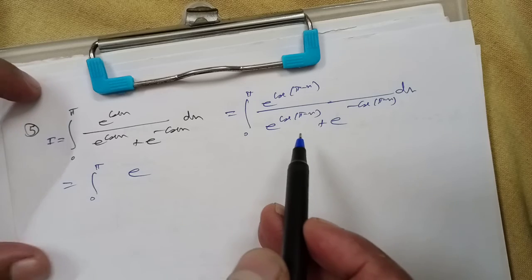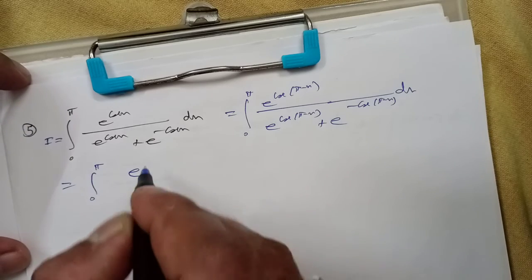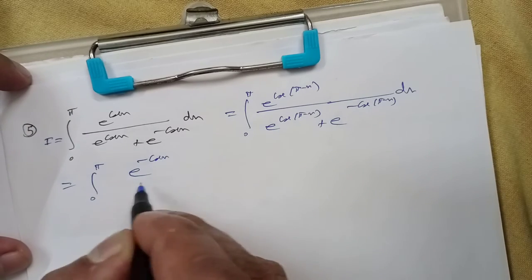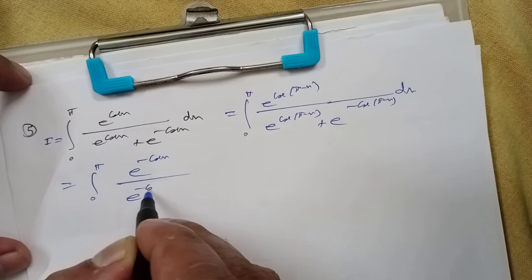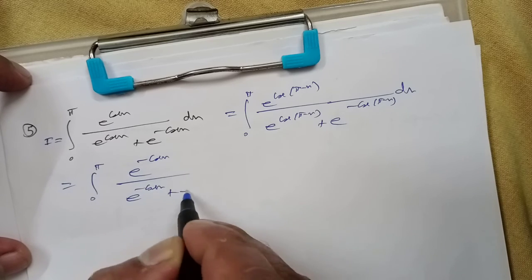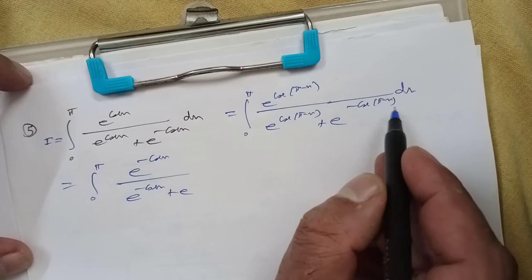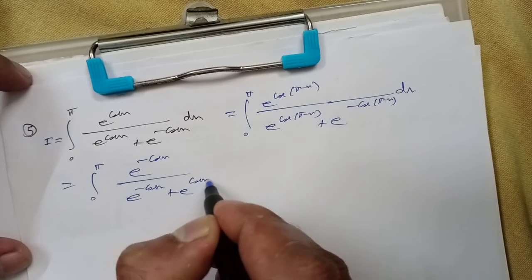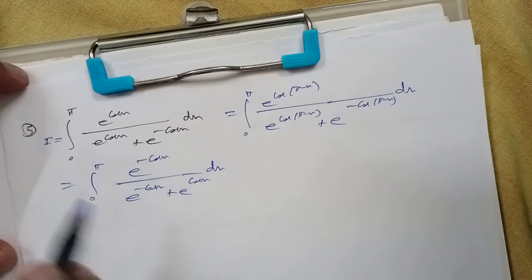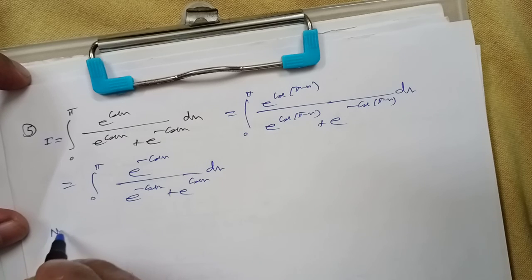Look, cos of (pi minus x) is minus cos x. So you can write e to the power minus cos x divided by (e to the power minus cos x plus e to the power plus cos x), because minus cos of (pi minus x) is plus cos x, dx.